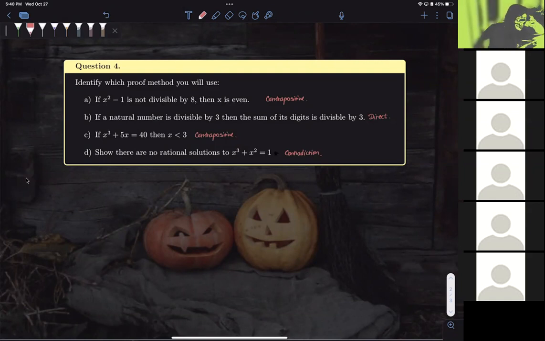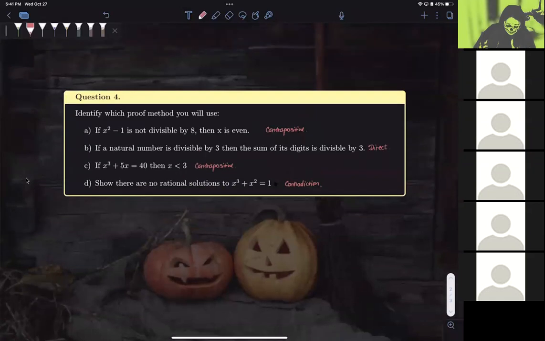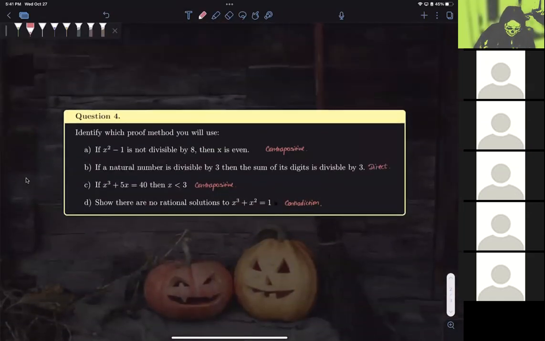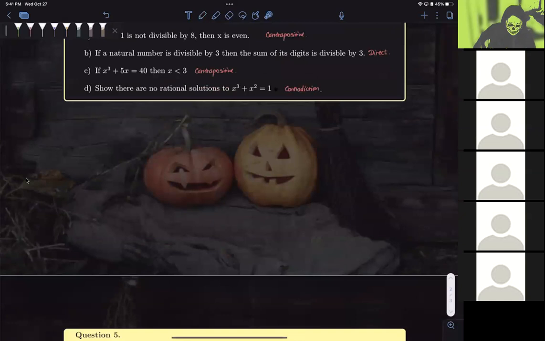Can I prove B? I don't have time to prove B, but if you want the proof, you can email me. I can quickly tell you how to do it, but we don't have time to write a formal proof. If a natural number is divisible by 3, you can write the natural number as digits A, B, C, D, E, F, G, something like that.